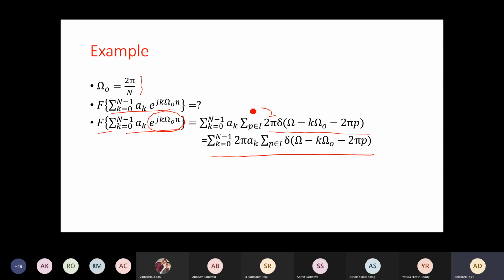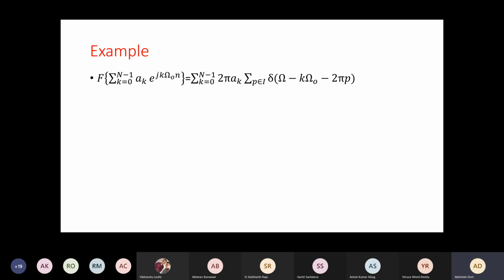This 2 pi is just brought in here and everything else remains same. There's no rocket science. So just let us analyze this function and see what is happening, a little bit so that you have a simpler expression.